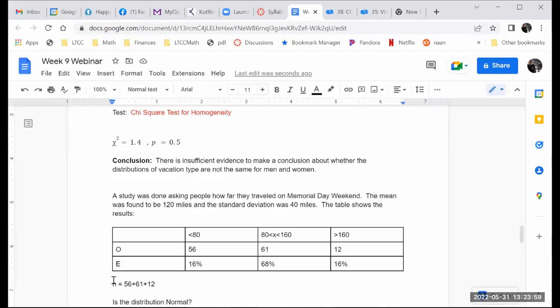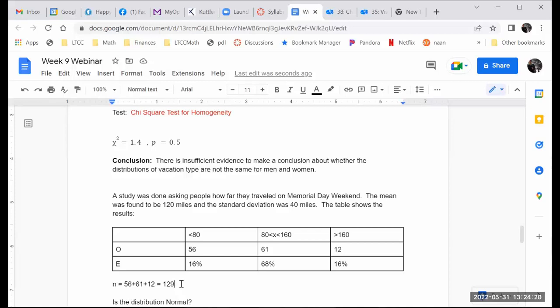Okay, so that is what? 56 and 61 is 117, and 12 is 129. Sound good? You should always check when I do it in my head, but I think that's right. Okay, so there's our sample size.